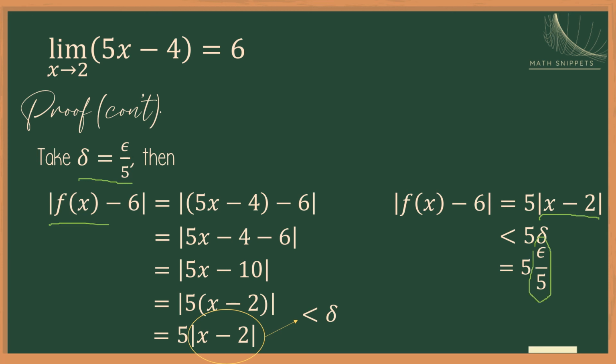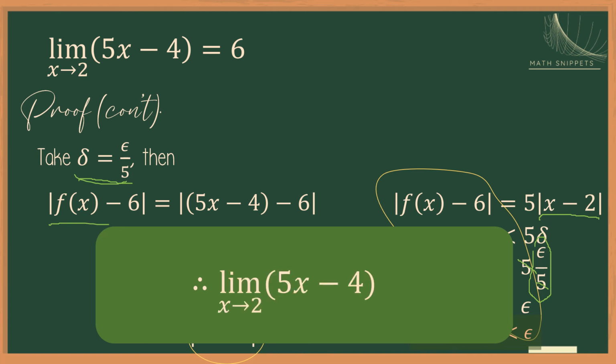Because delta is epsilon over 5. If we cancel 5, we get epsilon. So indeed, the absolute value of f of x minus 6 is less than epsilon. Therefore, the limit of 5x minus 4 as x approaches 2 is equal to 6.